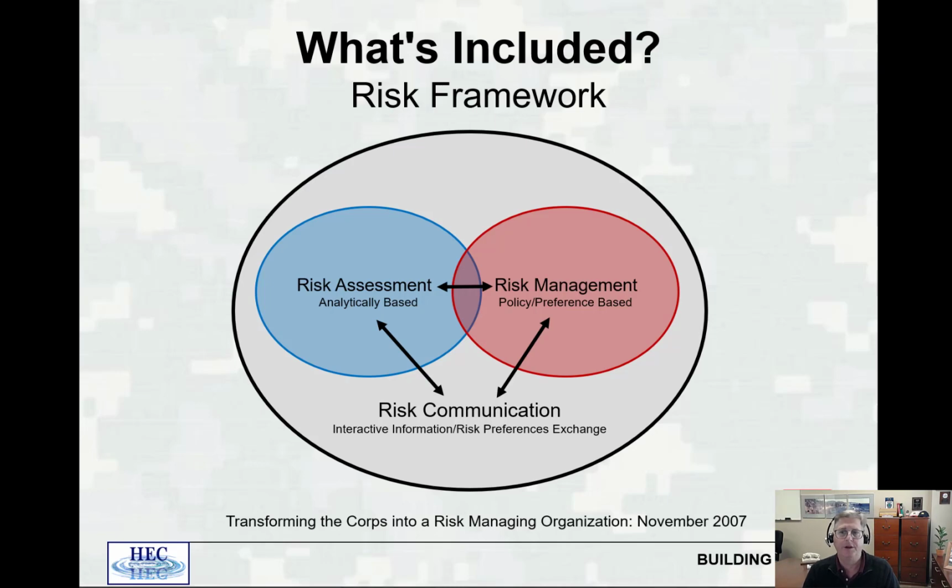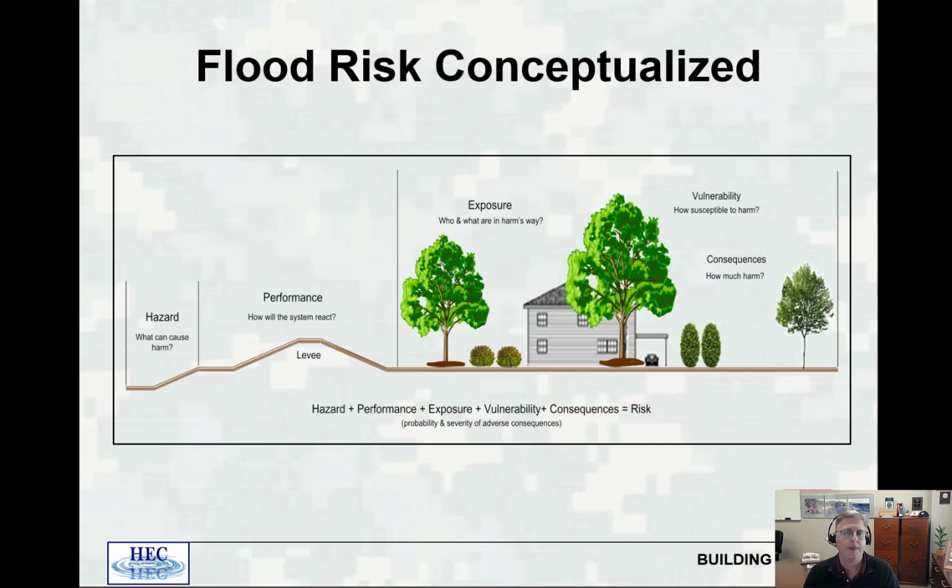This is collaborative and communicates information about preferences and uncertainty concerning risk. Those three pieces, risk assessment, risk management, and risk communication, make up the risk framework. This was first introduced in the 2007 document, Transforming the Corps into a Risk Managing Organization, by Dr. Mosier and others.